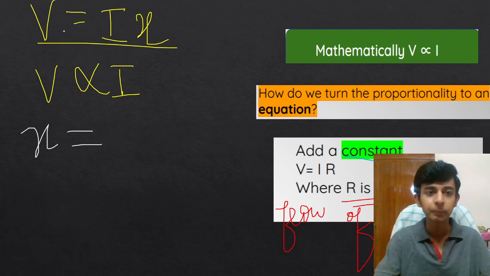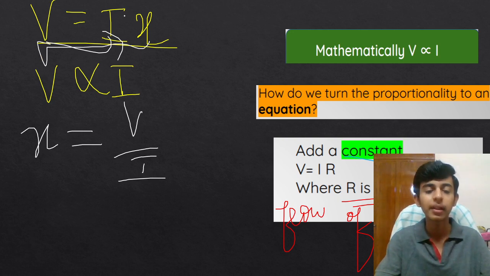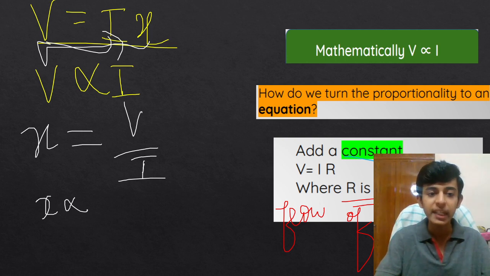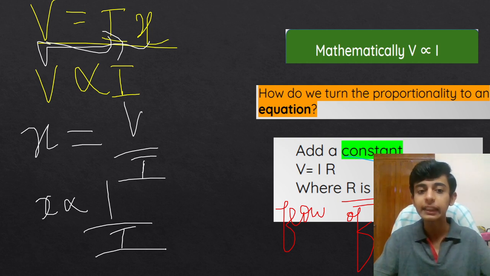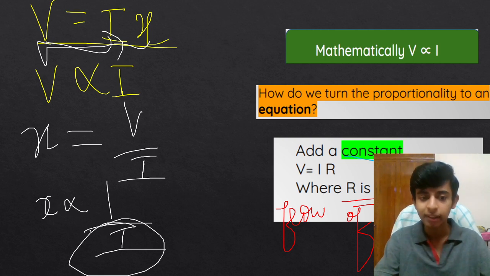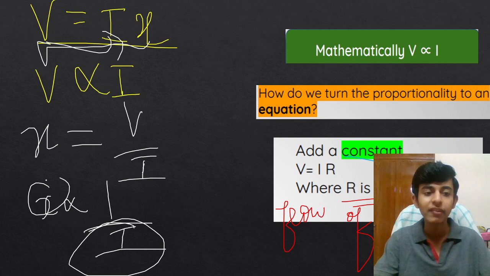X would be equal to, just shift V this side, then you'll get V upon I. Or just shift X that side, this is the numerator, it will go in denominator, so X will be equal to V upon I. So I am able to understand that this X would be inversely proportional to the flow of current, which means that if the current would increase, then this value would decrease. If current would decrease, then this value would increase.